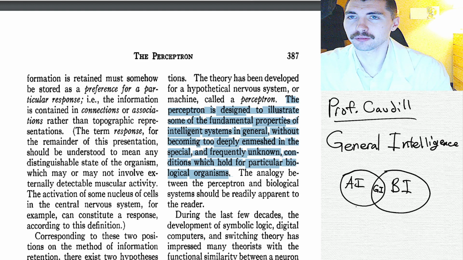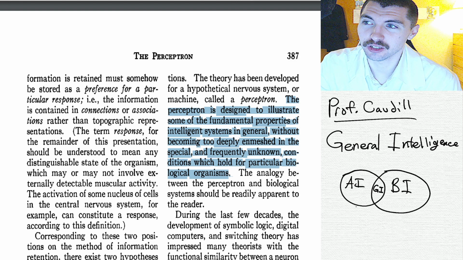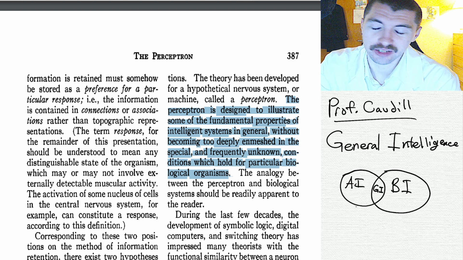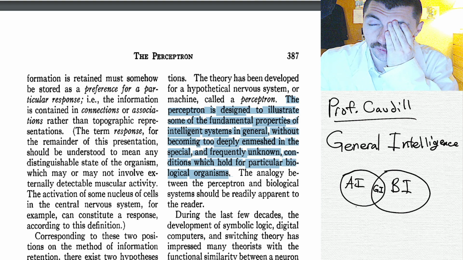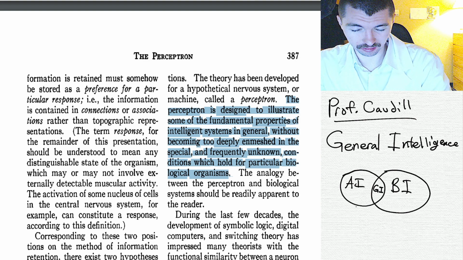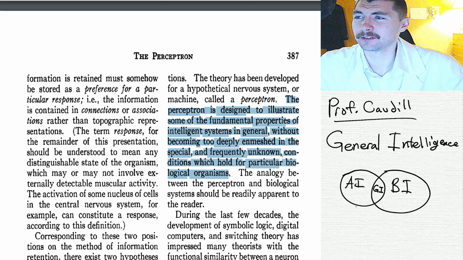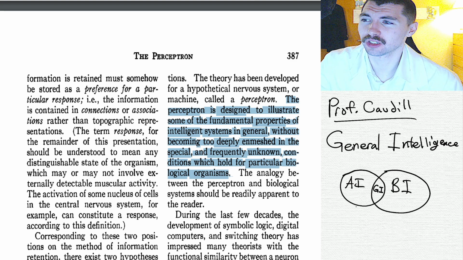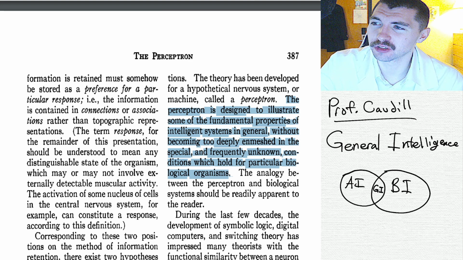Biological intelligence, no, AI might not be made of cells and proteins and potassium and sodium ions. And BI might not use pure electricity or silicon, but the intelligence between these two intelligent systems we can call GI.